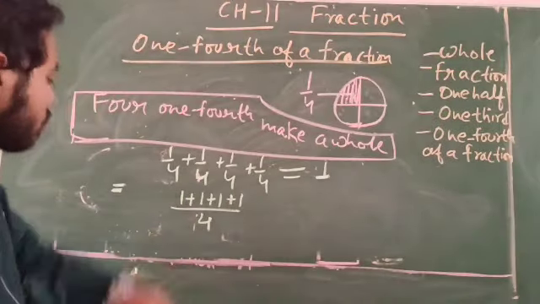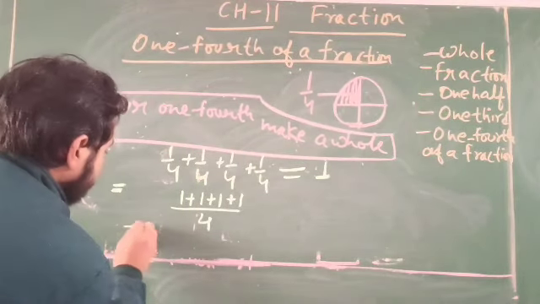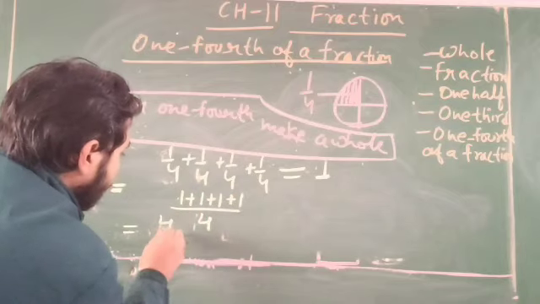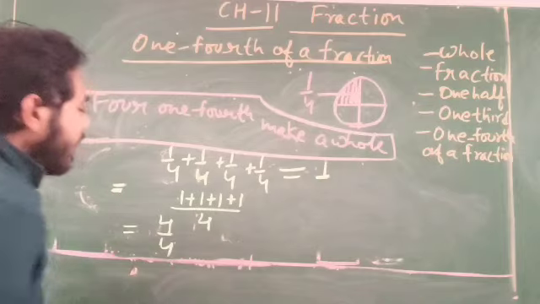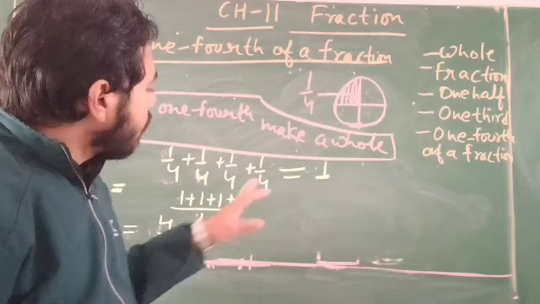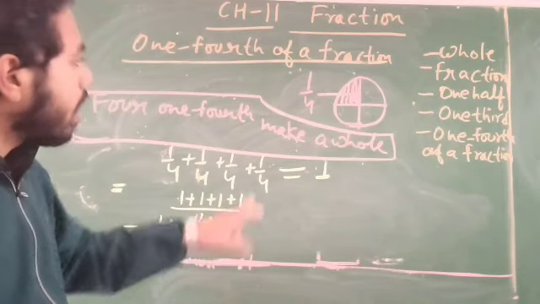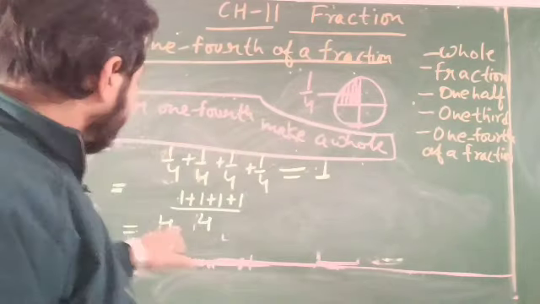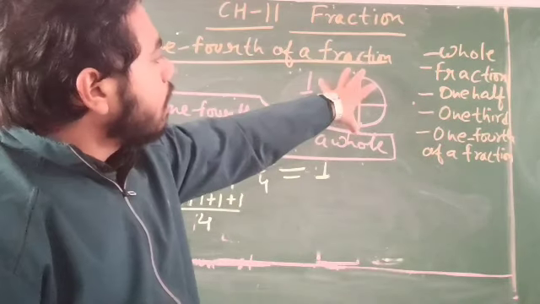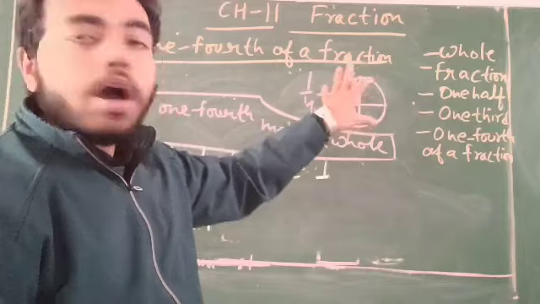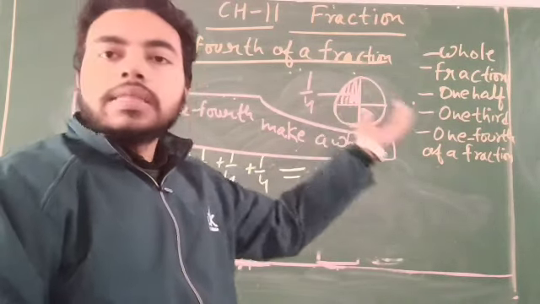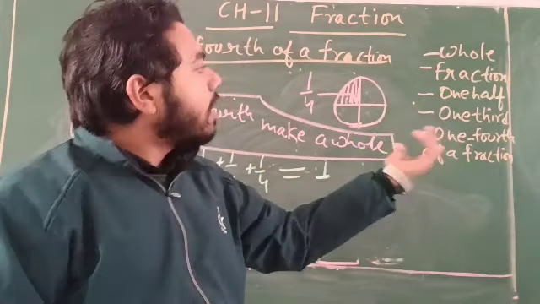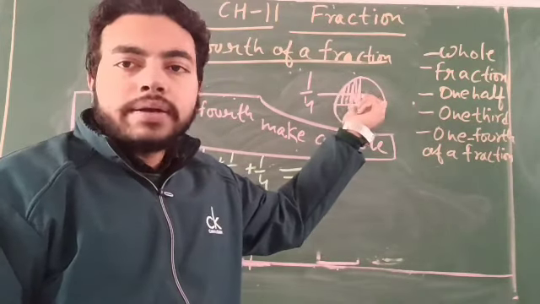So when we are adding, we get 4 by 4. As I have earlier told you, 4 by 4 means whole. Here 4 by 4 means you have got 4 parts of that circle. The circle is divided into 4 parts and you got all that 4 parts.